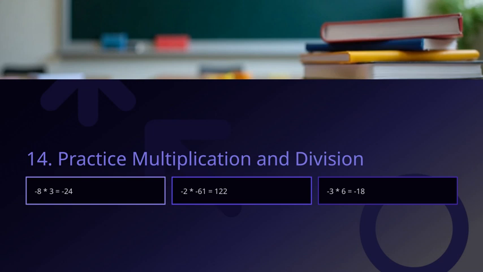These examples highlight some key concepts: multiplying negatives and positives, and how multiplying two negatives results in a positive. Understanding these rules helps us confidently work through more complex problems. Remember, practicing these kinds of calculations reinforces your understanding and prepares you for real-world math challenges.